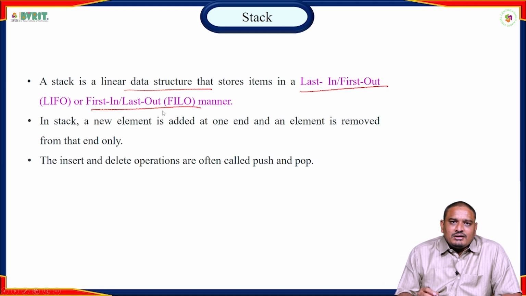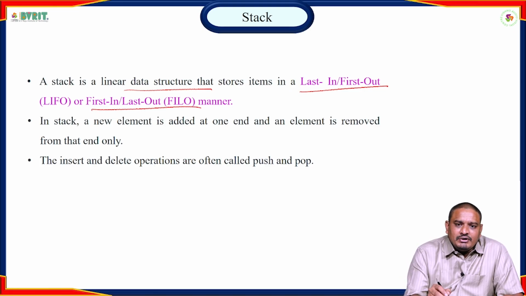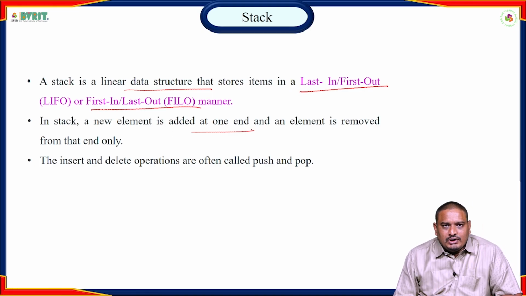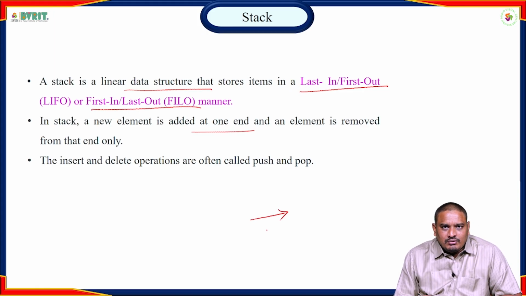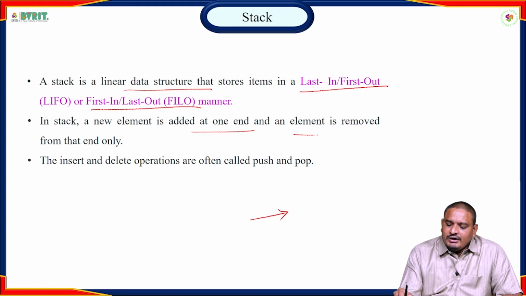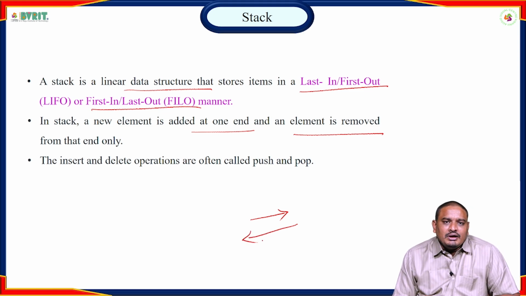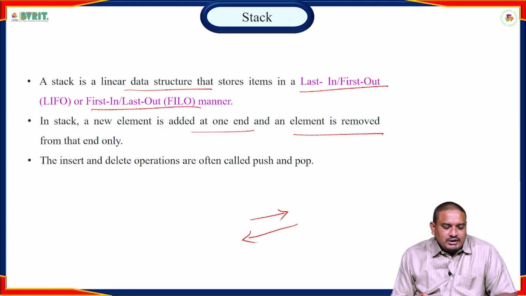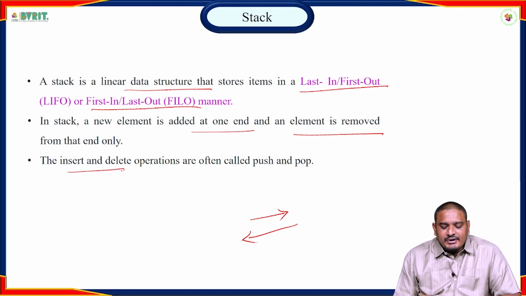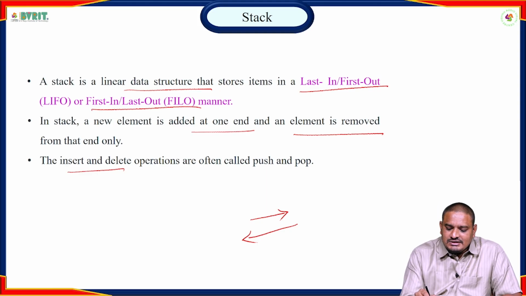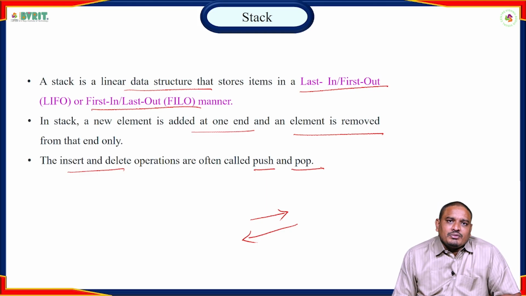In the stack, a new element will be added at one end, and the element will be removed from that same end only. Here the insert and delete are the two operations, called push and pop.